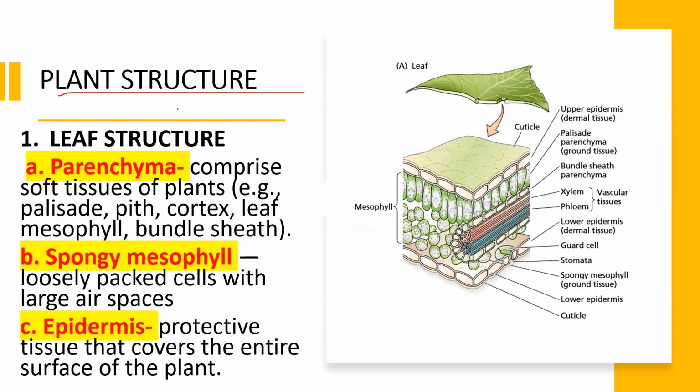A plant has three major parts. We have the leaf structure, stem structure, and root structure. So, let us start with plant structure. Under plant structure, we have the leaf structure.